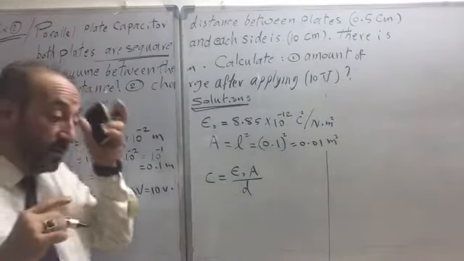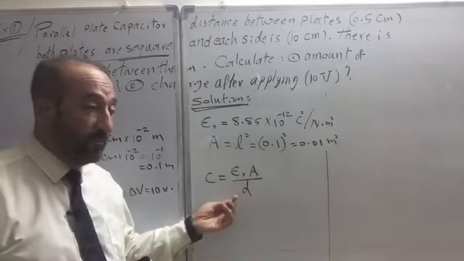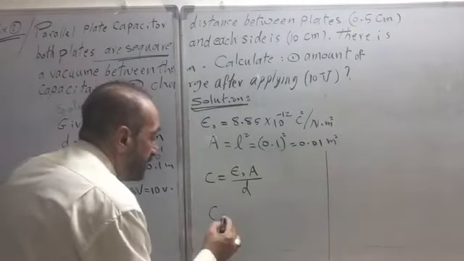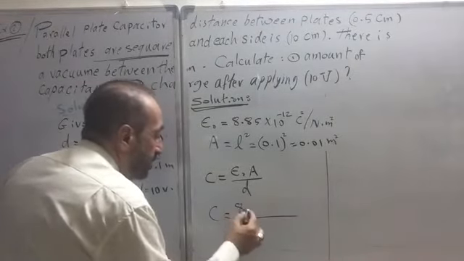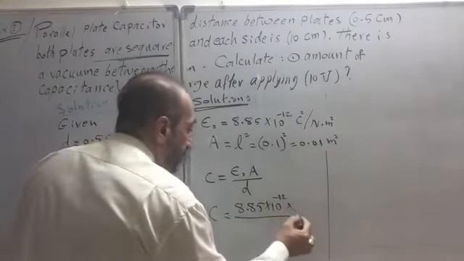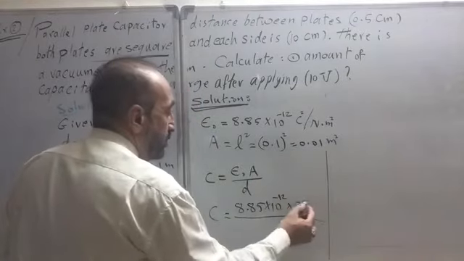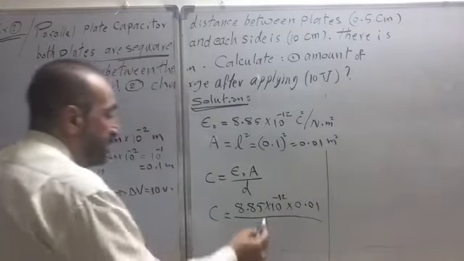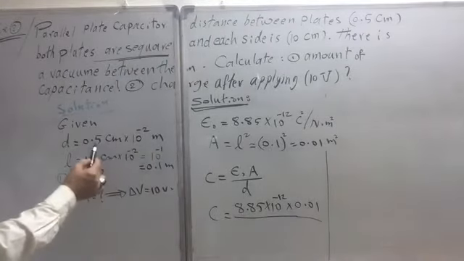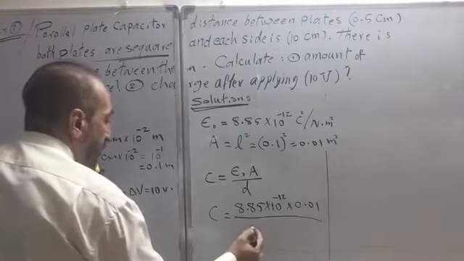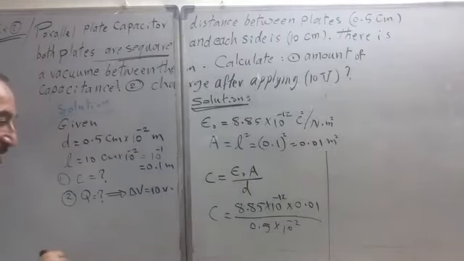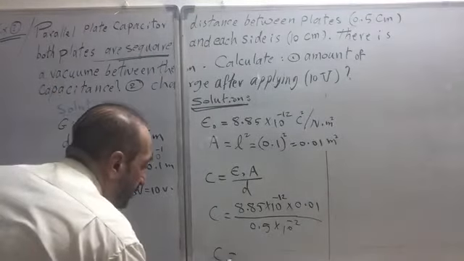Now, we have prepared everything to use this relationship. Therefore, we say C equal 8.85 times 10 to the power minus 12 times A, 0.01, divided by D. D is equal to 0.5 times 10 to the power minus 2.